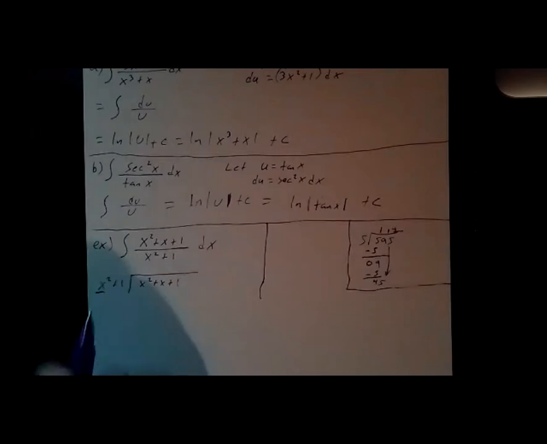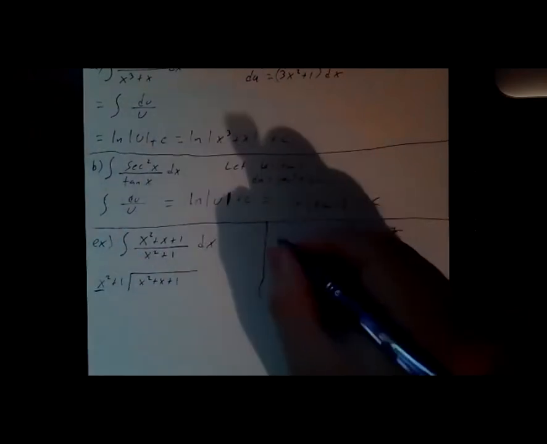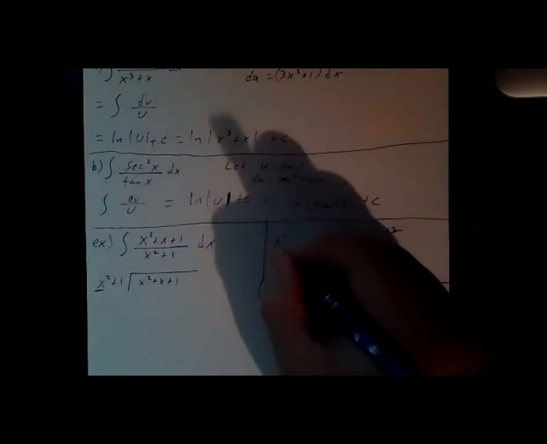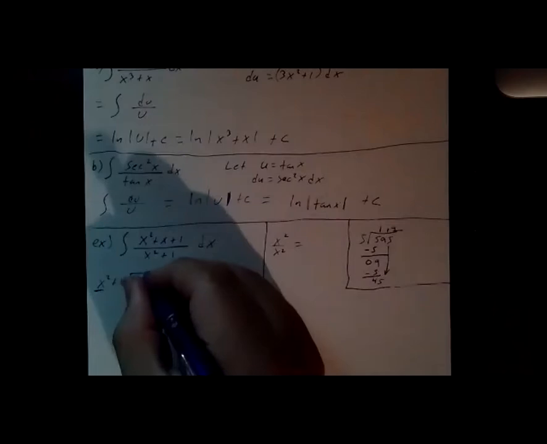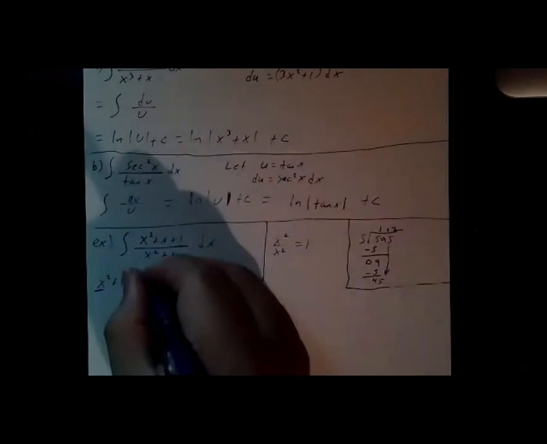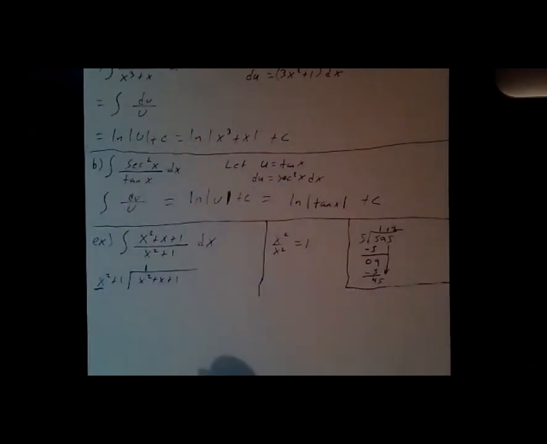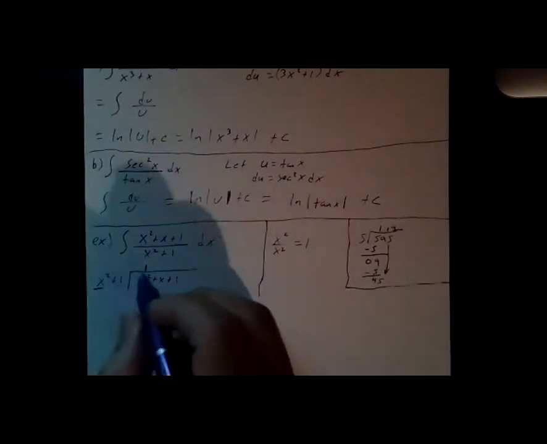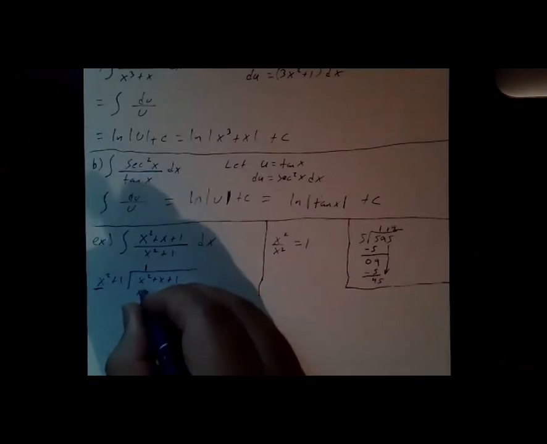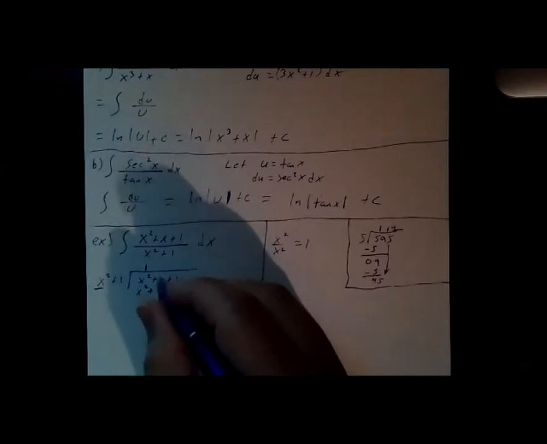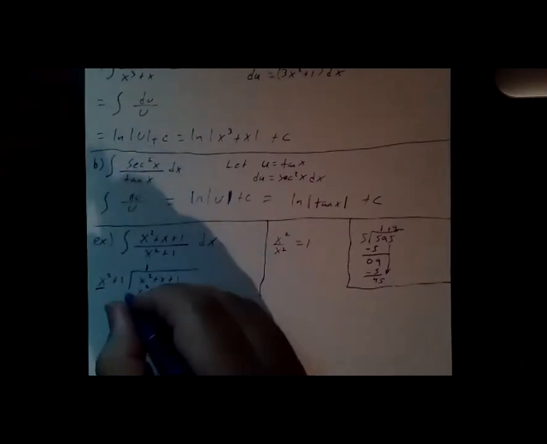So x squared goes into x squared how many times? Right? One time. Then you do 1 times both of these. And you subtract them both.